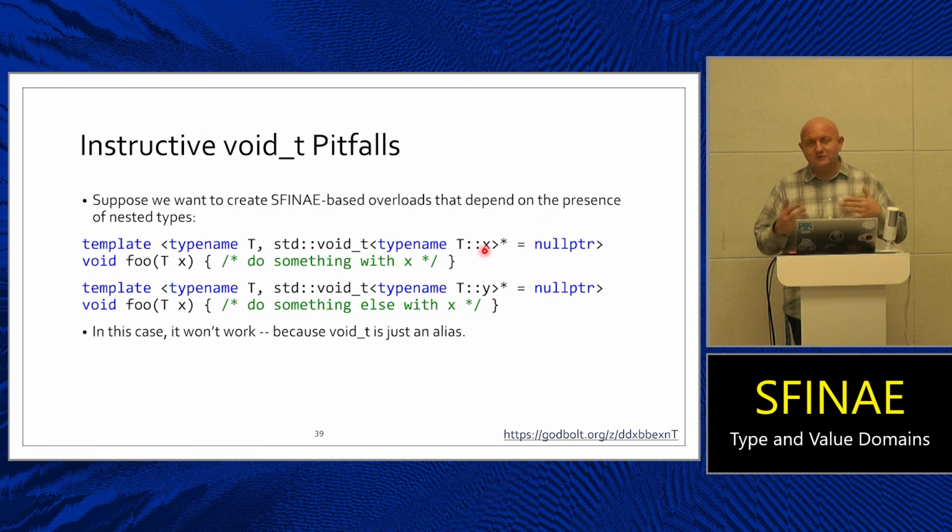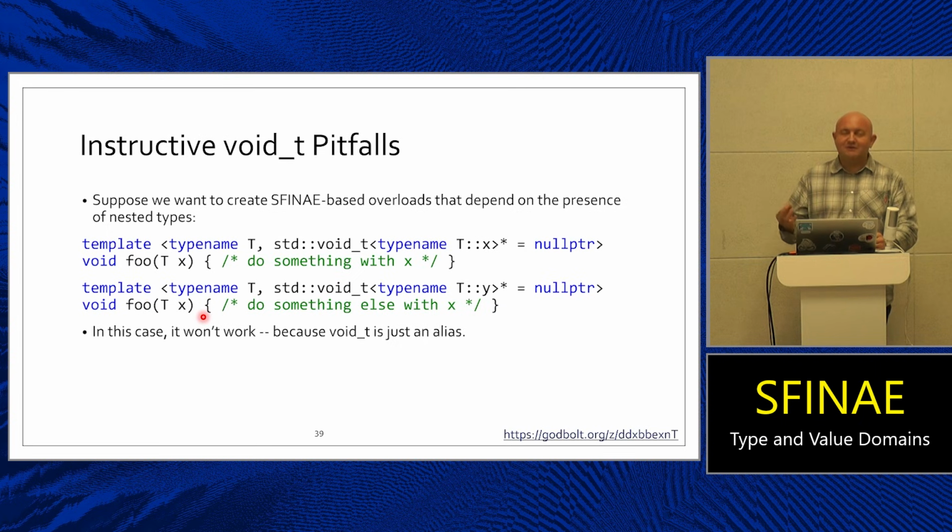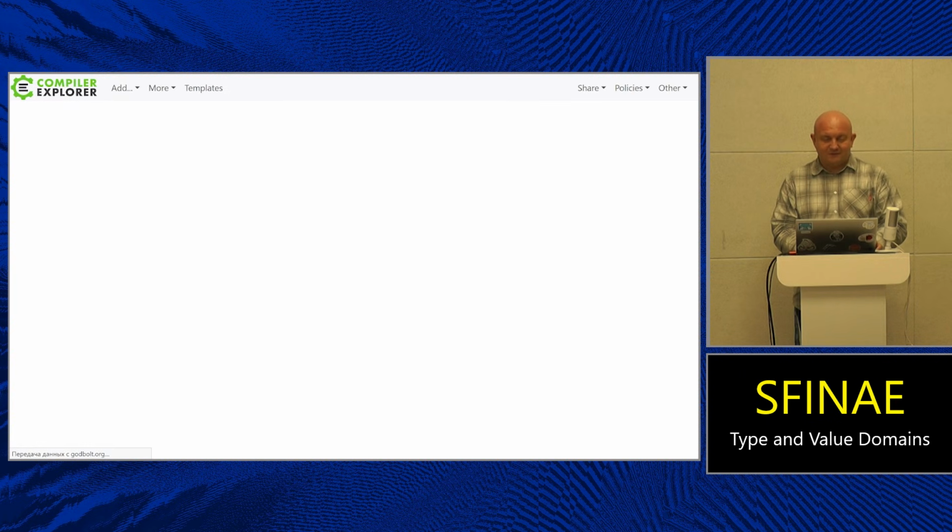Can you recall what std::void_t<T> means? It means if this is valid, pick this overload. If this is valid, pick that overload. At first glance, it looks completely reasonable, but when we try to compile it, we immediately get a really cryptic error.